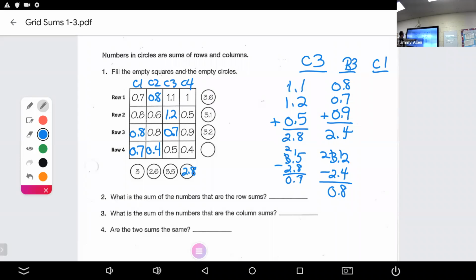Now we need to go for the row 4, the sum. Go ahead and do that. Abby, I need to see you.